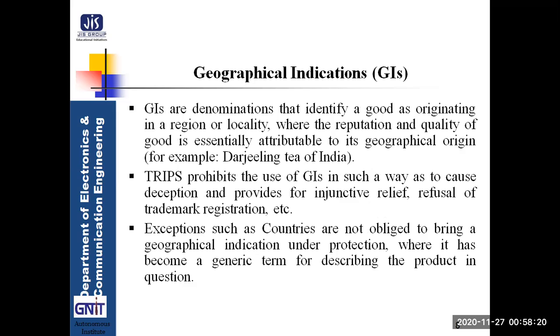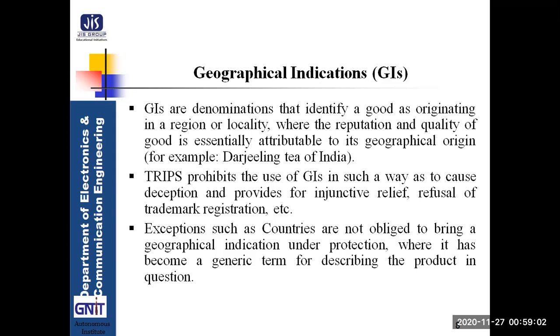Geographical indications is another aspect. GIs are denominations that identify a good as originating in a region or locality where the reputation and quality of the good is essentially attributable to its geographical origin.